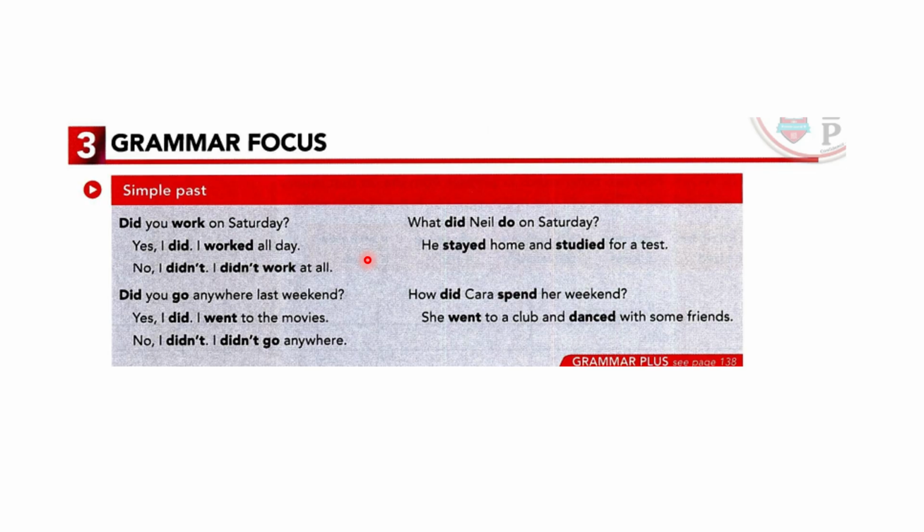She went to a club and danced with some friends. Both verbs are in the past tense because we don't have an auxiliary here. We don't have did or didn't because we use did for questions and didn't for negative answers.